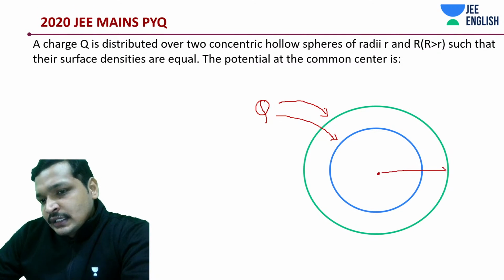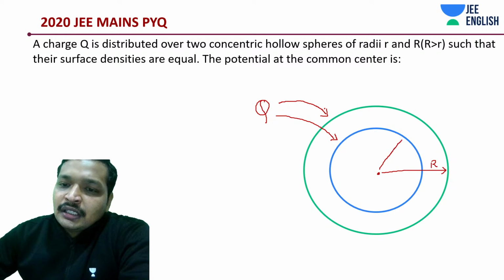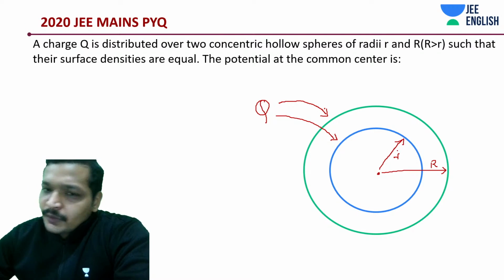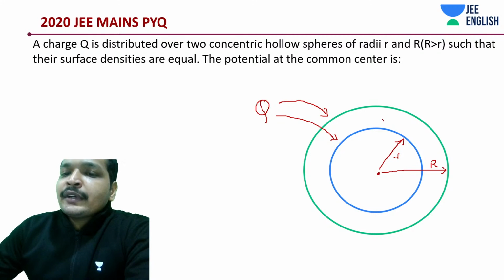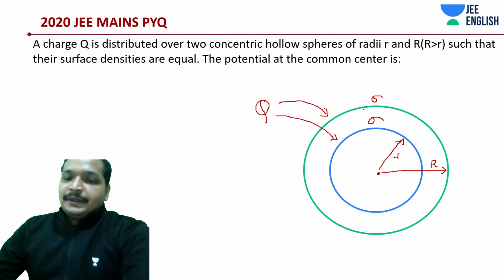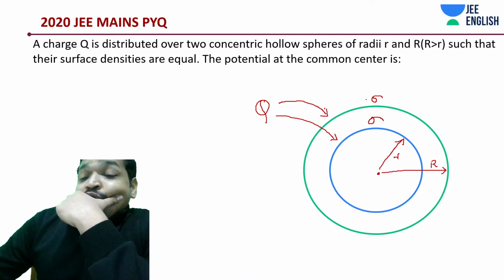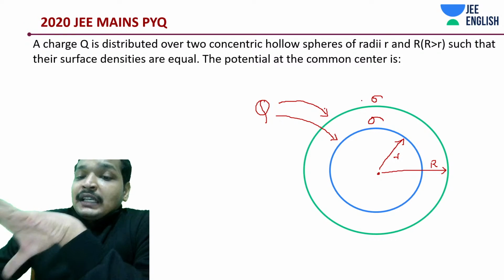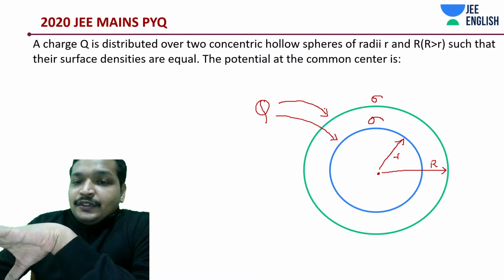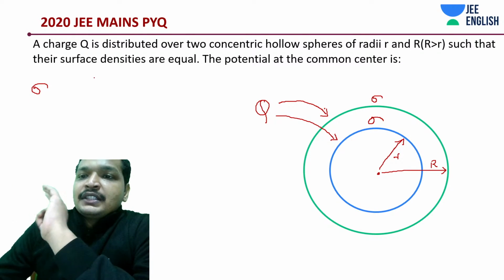It has radius capital R, and the small shell has radius small r. It has been distributed such that both of them have sigma. Sigma is what? Surface charge density. So they must be having uniform surface charge density. Oh, we know that thing. Same surface charge density.